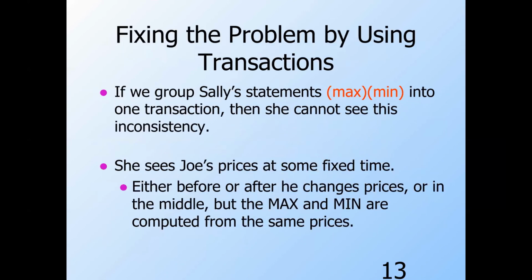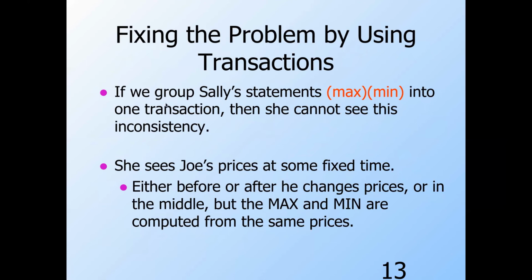If we don't do any transactions at all, you can always run without transactions by just running everything as a separate SQL. If we just do that, very naive in how we implement this, we wind up with a very strange, unintended result. So if we group Sally's statements into a transaction, where she's asking for max and min, that's one transaction.